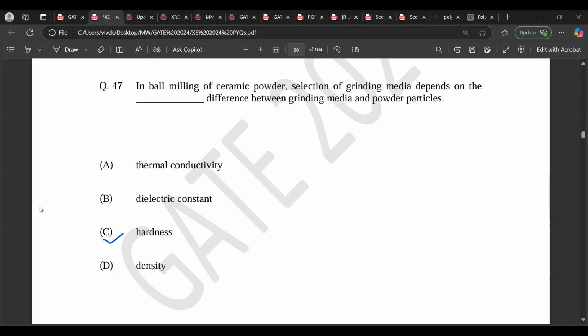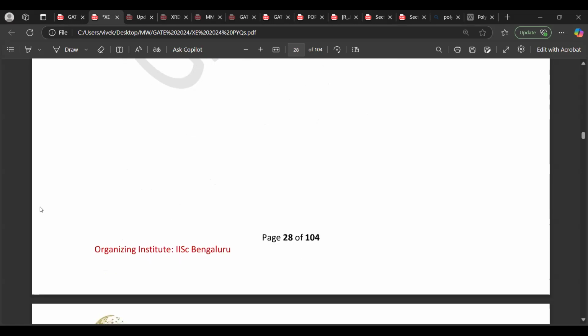Basically, which ball mill we select is based on hardness, the hardness of the ceramic you are going to use for making powder. Depending on that, we select what the ball and its quality will be, right? Its hardness is important because there is going to be a lot of wear and erosion, right? So that is very important.